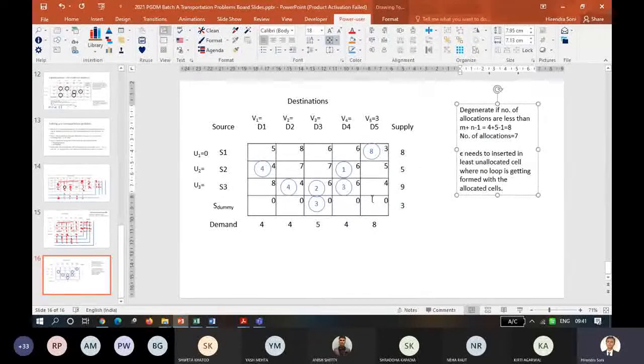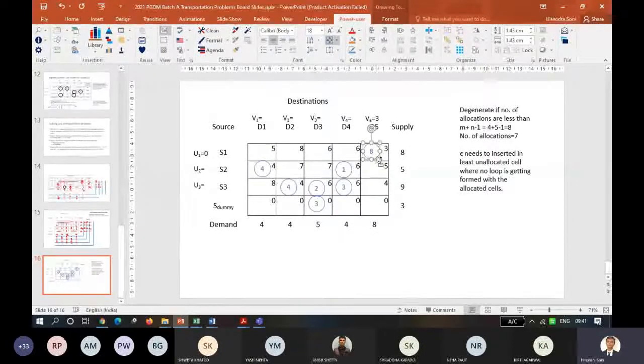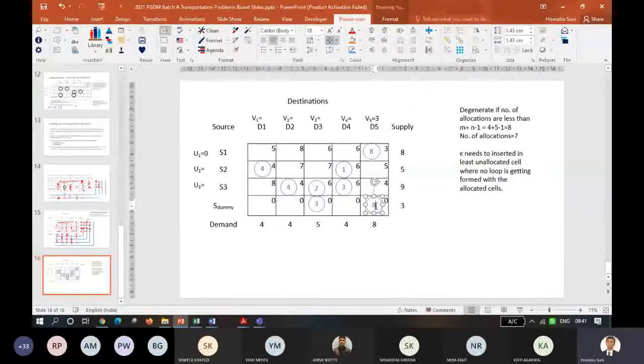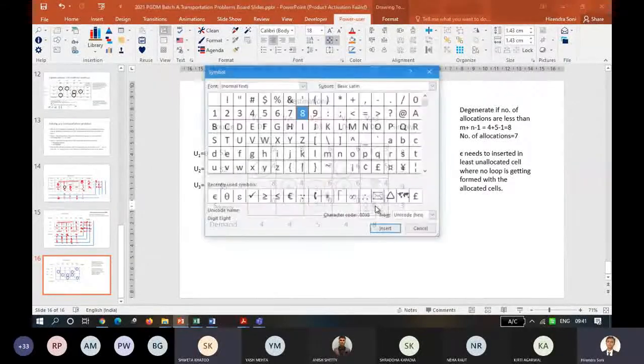So I would prefer to insert an epsilon here. But if I insert an epsilon here, what will happen? Am I getting any loop there? Suppose from here it cannot go anywhere, from here it comes here. That would be the first jump. Then it can go to this side, that is the second. Third, fourth, fifth, then it gets stuck. Instead of from here, if it goes here, then again it's not possible. So it is not forming a loop there. So we can use that as a place for our epsilon. Clear? Yes, sir.